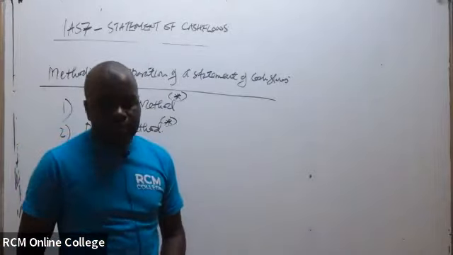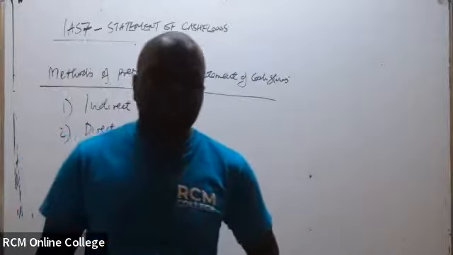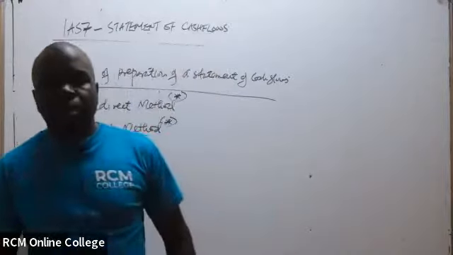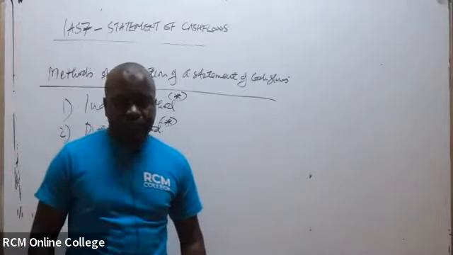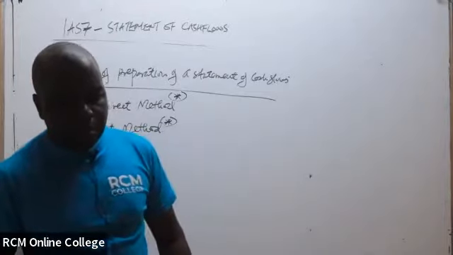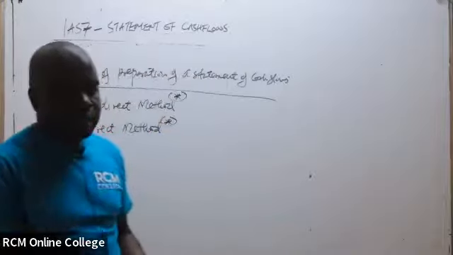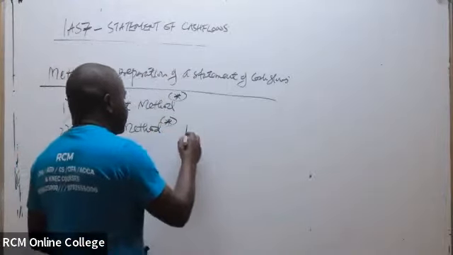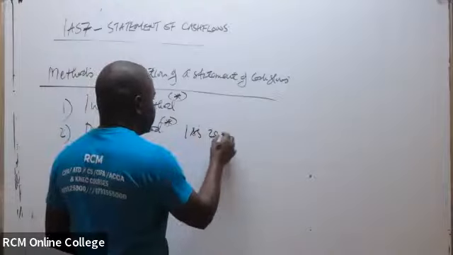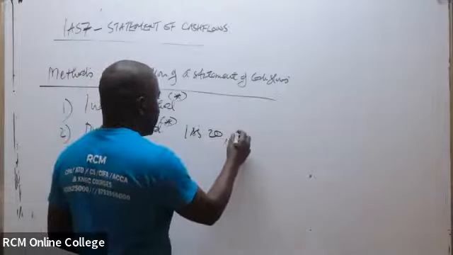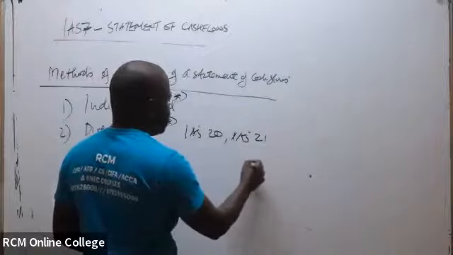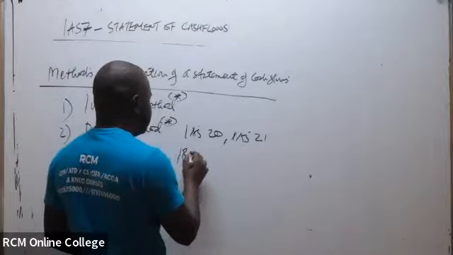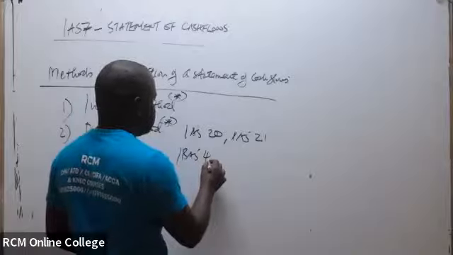So take note also, we did a class during lunch hour on Wednesday, which I think I shared the notes. In this case, we looked at IAS 20, IAS 21, and I think IAS number 4.